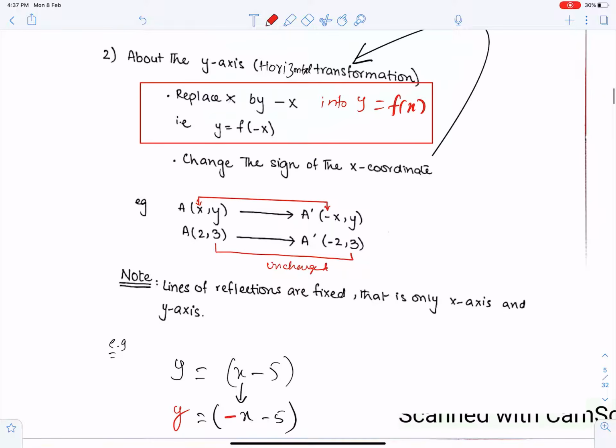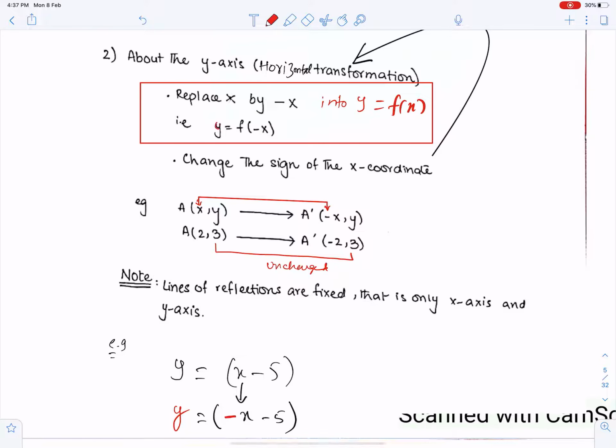Reflection about the y-axis. When we reflect anything about the y-axis, we change the sign of the x coordinates. And this is the type of horizontal transformation. So whenever you do a reflection about the y-axis, replace x by minus x into this equation. So this equation will become f of minus x.